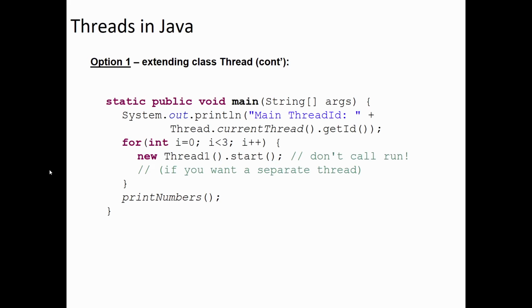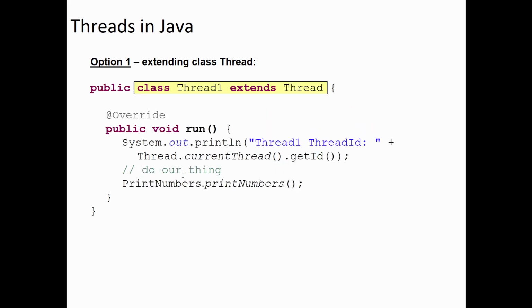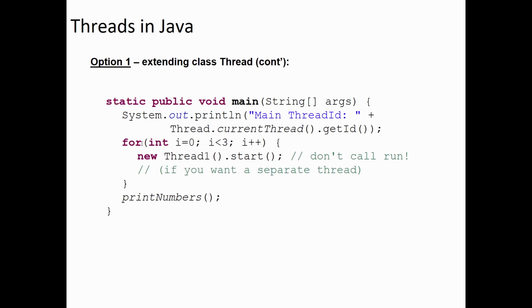Never ever call run directly because it will not create a new thread. Start is not existing here explicitly, but it exists because it's inherited from Thread.